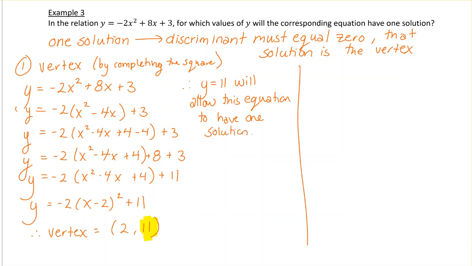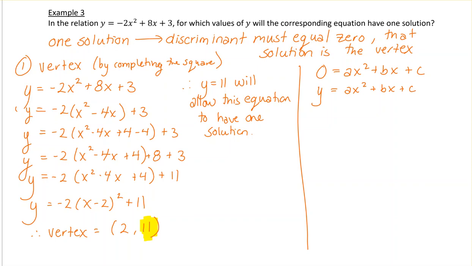Now the second way you can look at this is using the discriminant. This might be a little bit more tricky algebraically. Remembering that the general form for a quadratic is ax squared plus bx plus c. This question is asking what value of y do we need to substitute in to allow this quadratic to have only one solution.